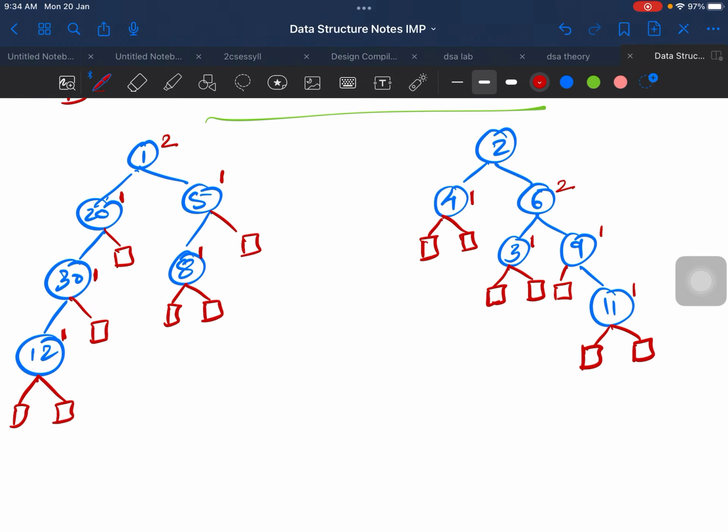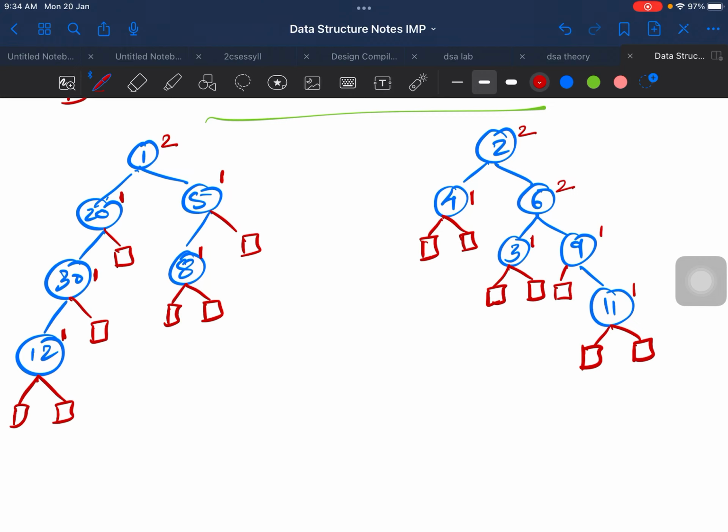Now guys, come to 2. Okay, so what is the S value of this 2? The minimum of the children's S values. So the children's S values are 1, 2. So the minimum is 1. 1 plus 1, that is 2. So 2 is the minimum S value possible.